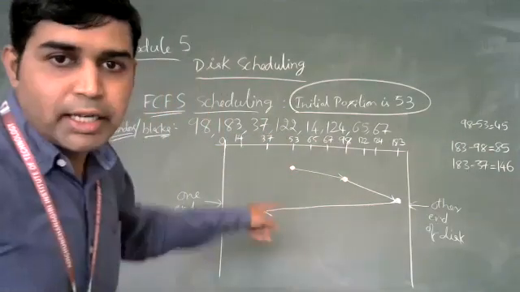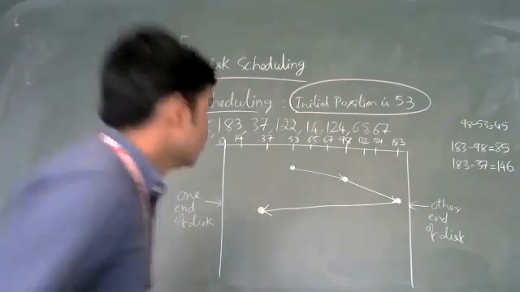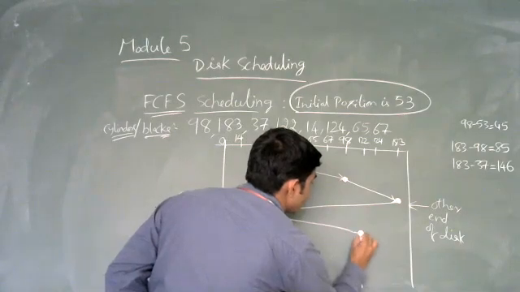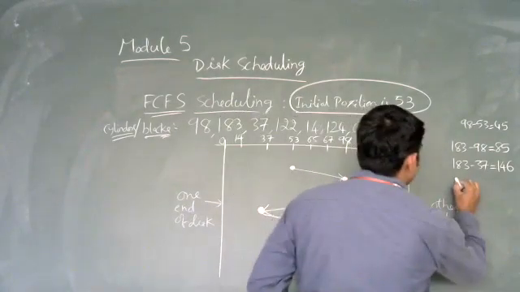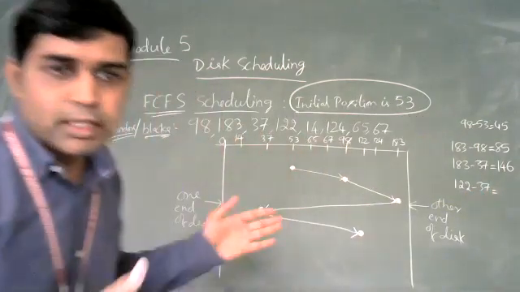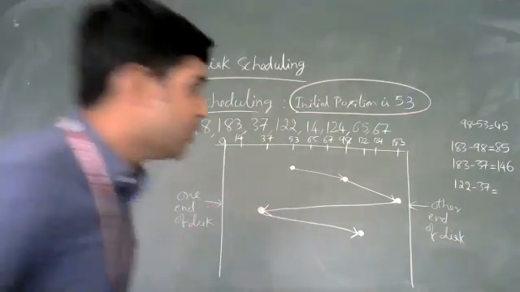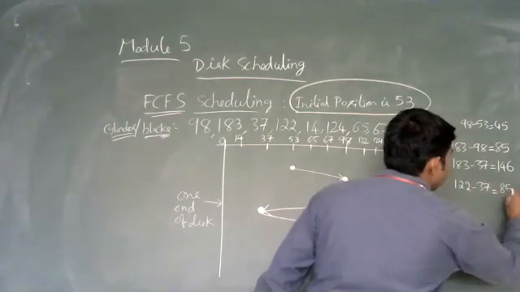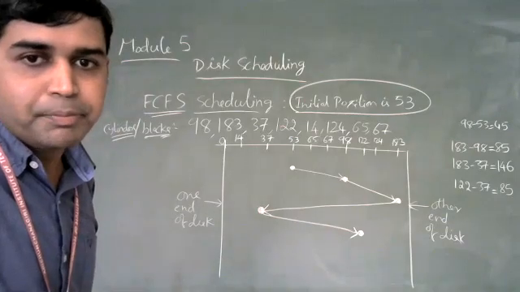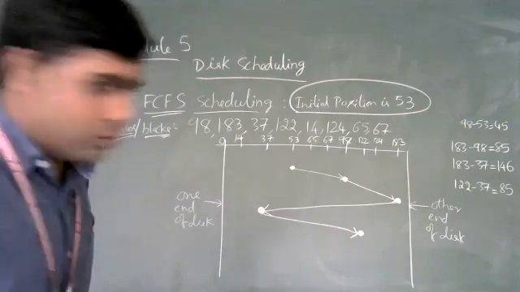Next, which is the next cylinder we have to move to? 122. What is the distance? 122 minus 37. How much? 85. Next, which is the next cylinder number? 14.